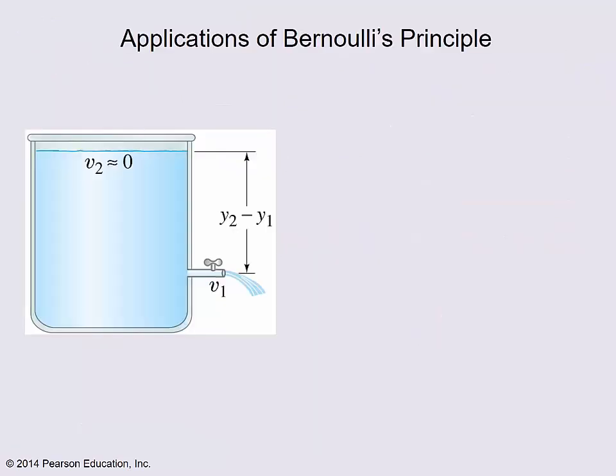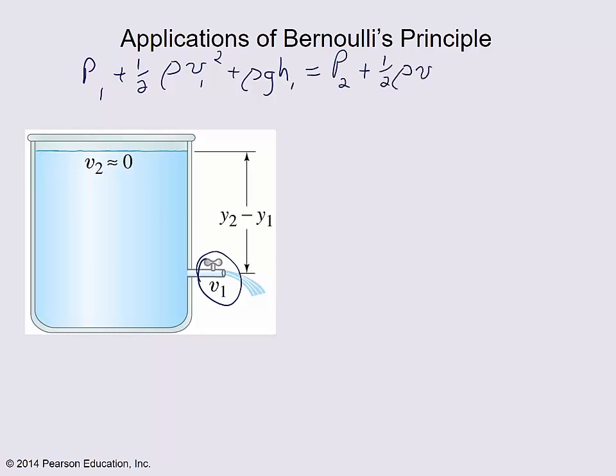The first place we're going to look at is the speed of a fluid coming out of a faucet. According to Bernoulli's principle and Bernoulli's equation, P1 plus 1/2 rho v1 squared plus rho g h1 should be equal to P2 plus 1/2 rho v2 squared plus rho g h2.